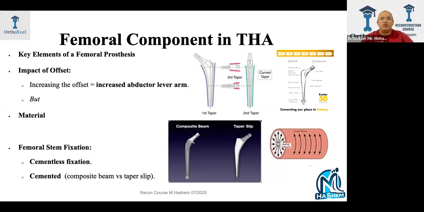Okay, how will this make a difference in the material? If I decide that the fixation will be cementless, I'm press-fitting a stem inside the bone. If this stem is very, very rigid, like cobalt chrome, what will happen? The stem will take all the stresses going to the proximal femur. This means my proximal femur will be stress shielded, and this will end with a very weak proximal femur, which will break at some point.